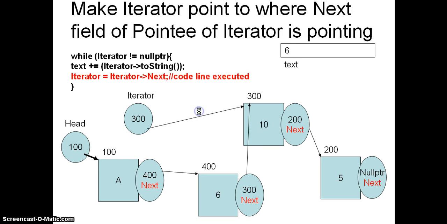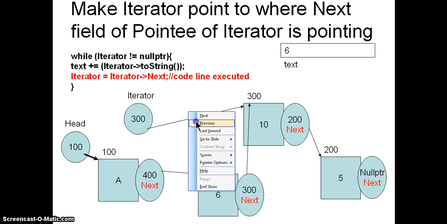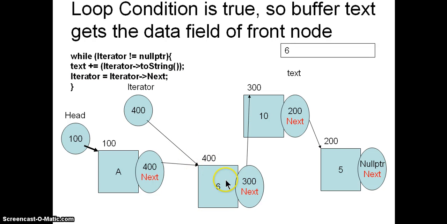And then the next operation is what we are showing now in this red line, and the code line being executed is the red line, that makes iterator point to where the next field of the pointee of iterator is pointing. So the pointee of iterator, if we go back to the previous video, was this. Its next field is pointing to 300.